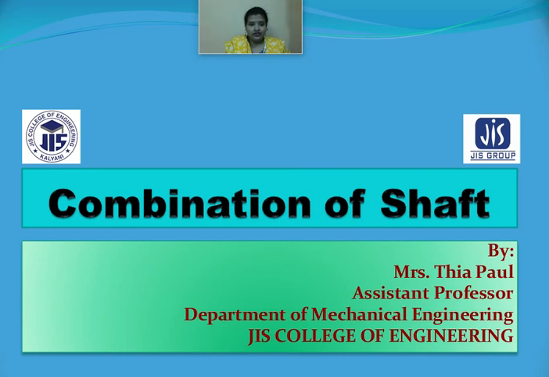So today in this lecture, we are going to look at a different aspect, the combination of the shaft. In the previous lecture, I also mentioned the strength of the shaft if it is a solid cylinder and if it is a hollow cylinder. Here you were able to see that the polar moment of inertia is maximum in the case of the hollow section than in the solid section.